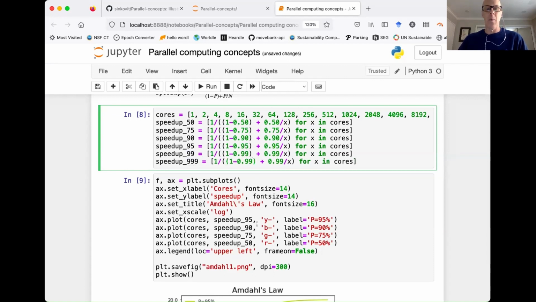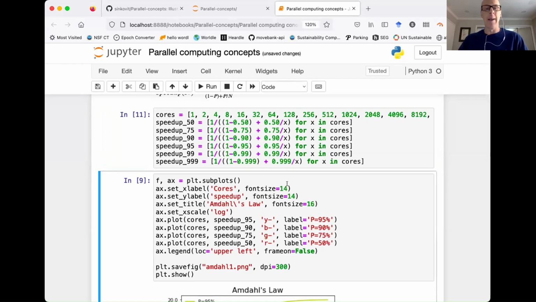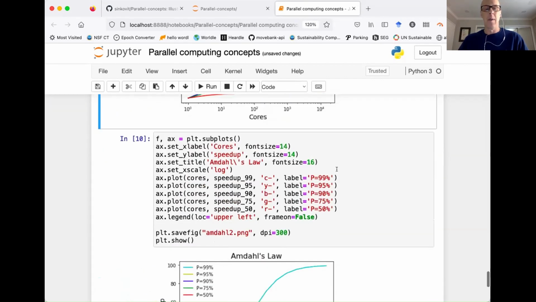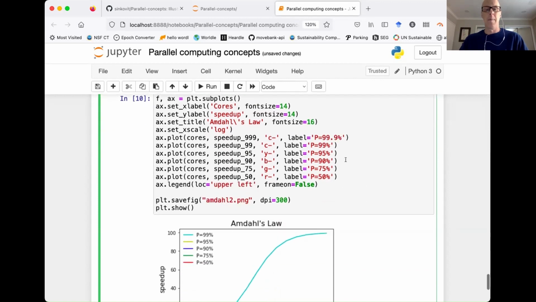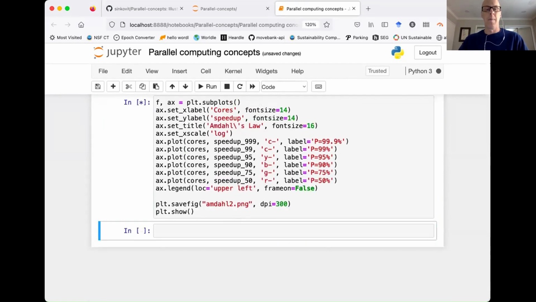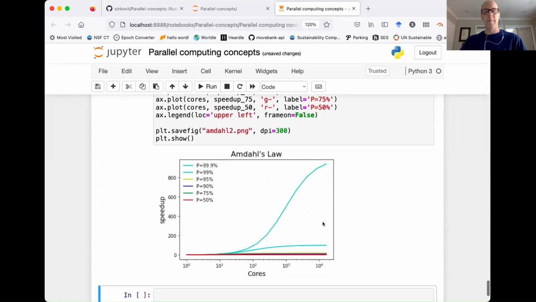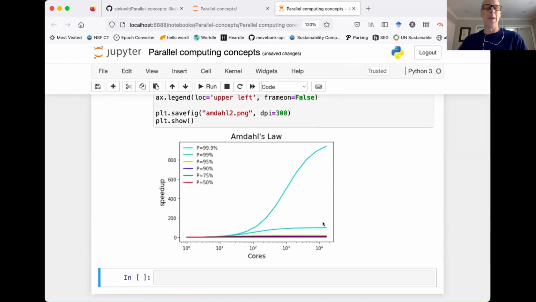And this is for a code with 99.9% parallel content. So if you want, you can go in here, you can play around with the different ways of plotting your scaling data and experiment with Amdahl's law.